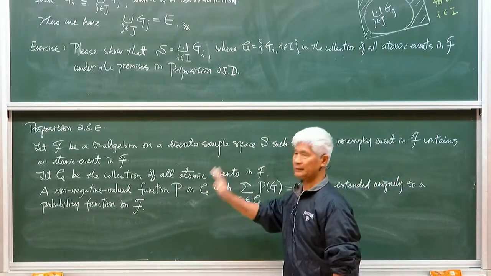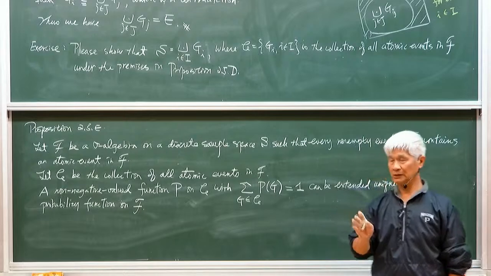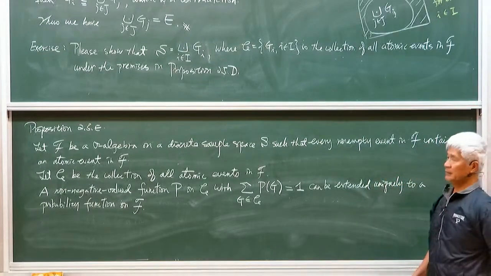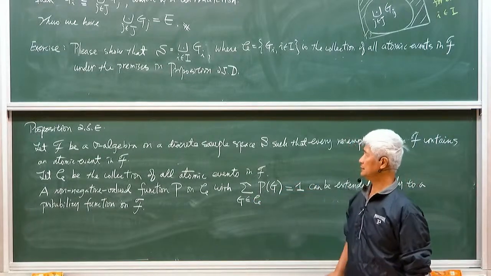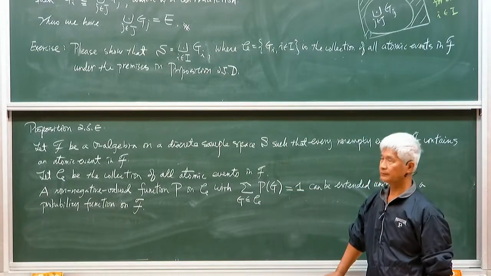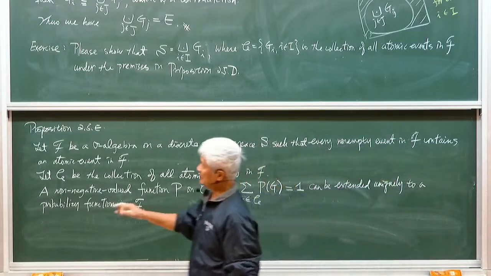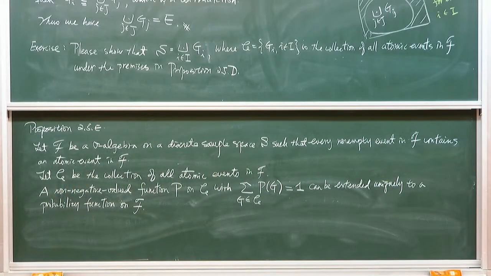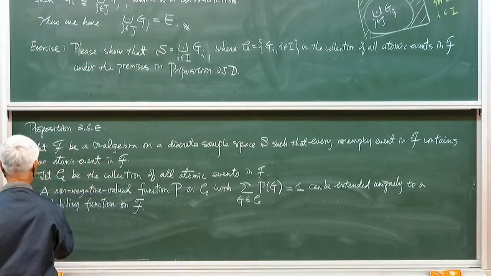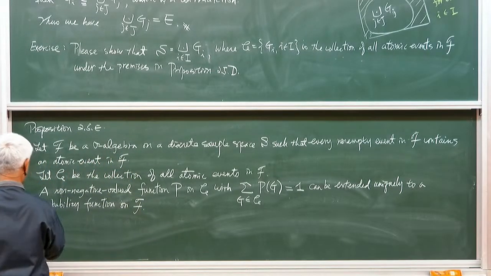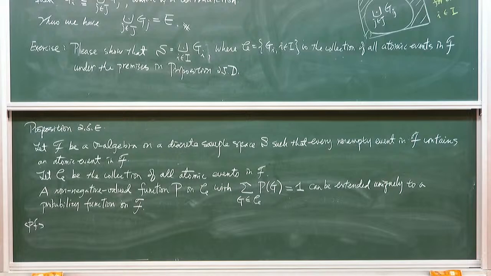Once you have done this, then you have established a unique probability function by extension. And the basic reason is from this proposition, because every event is a countable union of atomic events. Before I give a proof, do you have any question about the statement here?